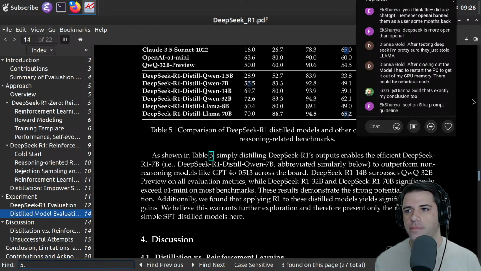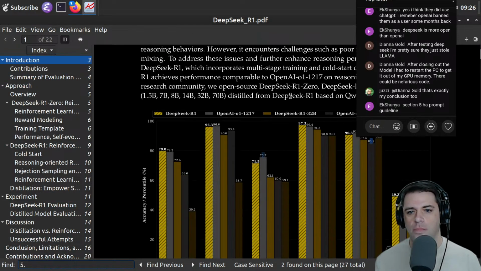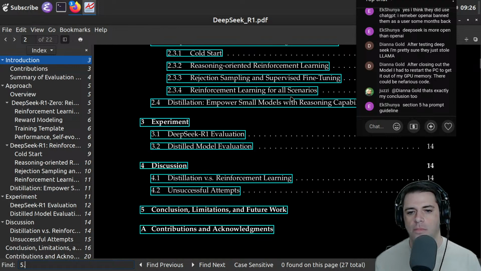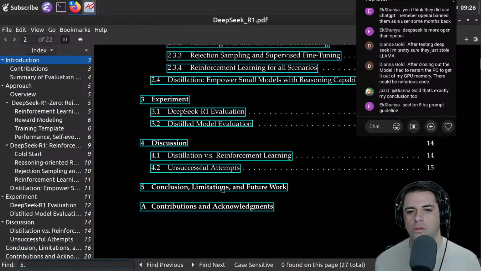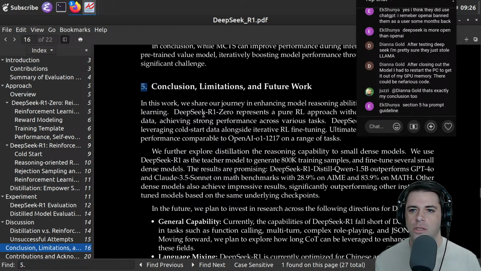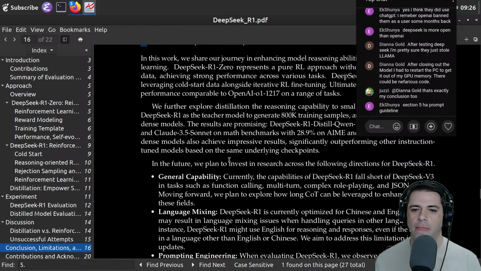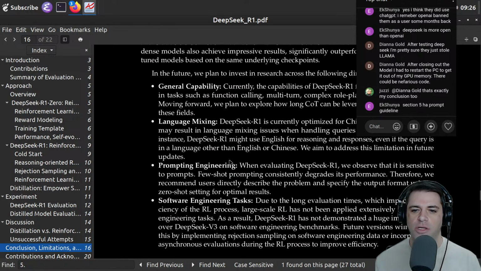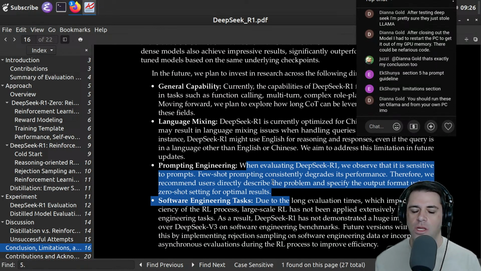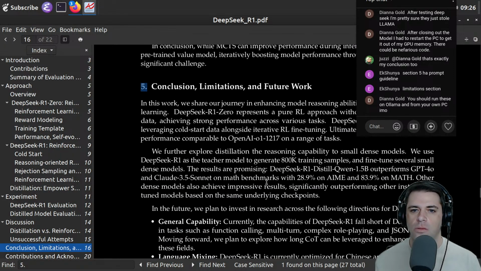Let's go to the top. Oh, in the conclusion section, general capabilities, language mixing, prompt engineering, evaluated in the limitation section. Okay. Where's limitations? Yeah.